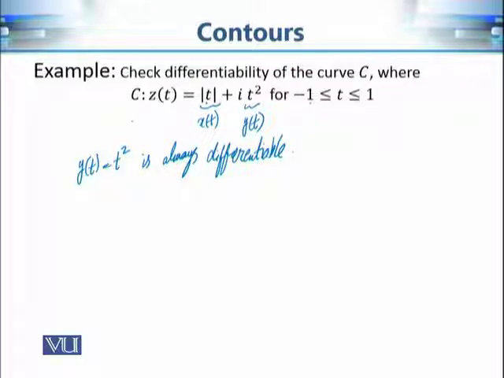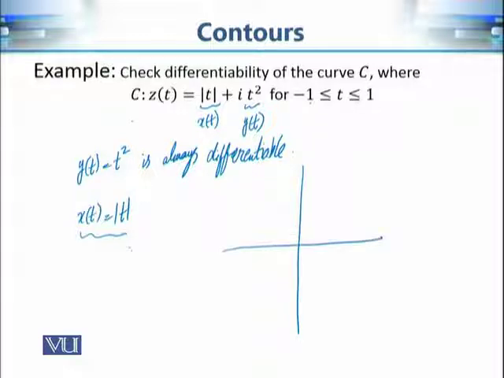Now, what about |t|? If x is equal to |t|, let's discuss the properties of this real valued function of the parameter t.